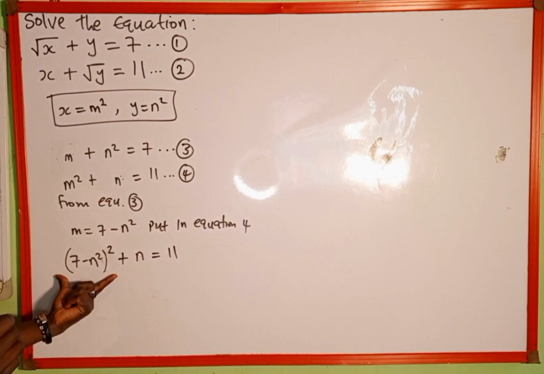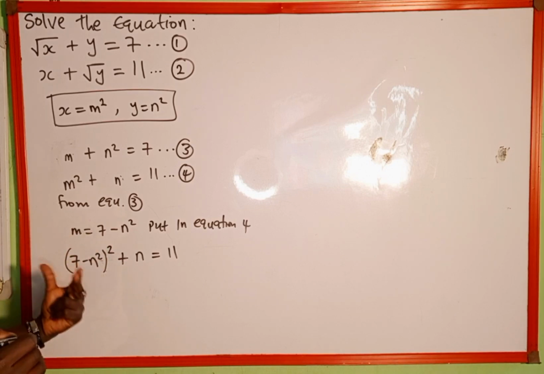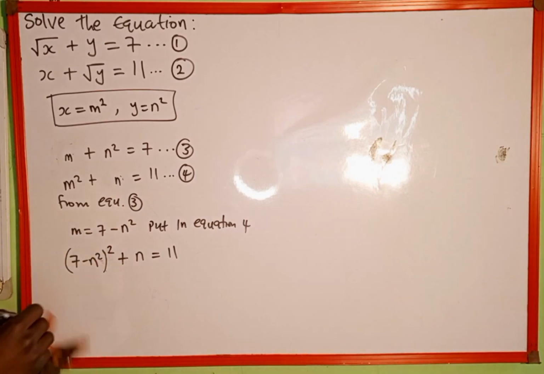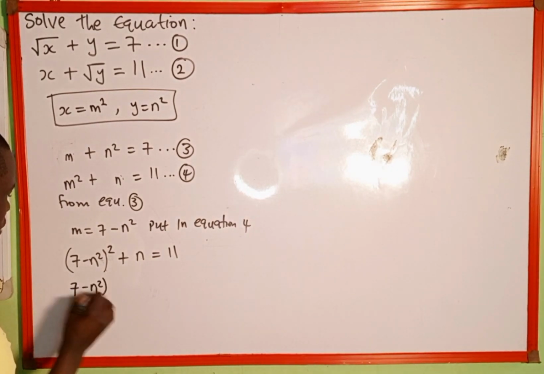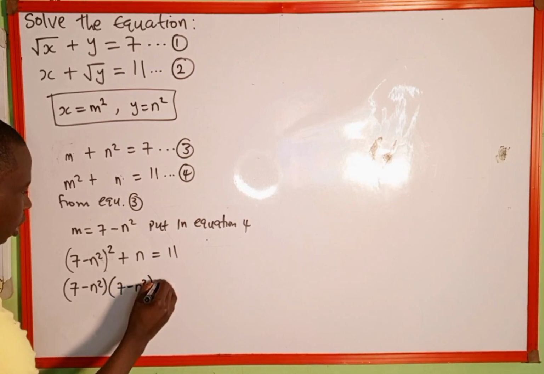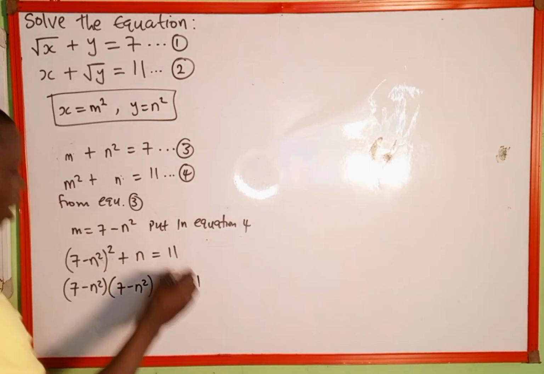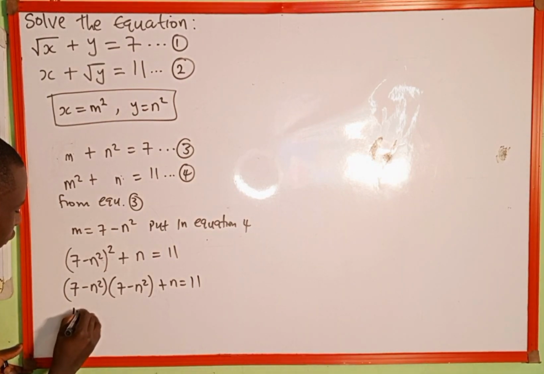Now we're going to expand this bracket. 7 minus n squared, all squared, implies 7 minus n squared multiplied by 7 minus n squared, then plus n is equal to 11. Now we're going to expand this bracket. 7 multiplied by 7 is going to give us 49.